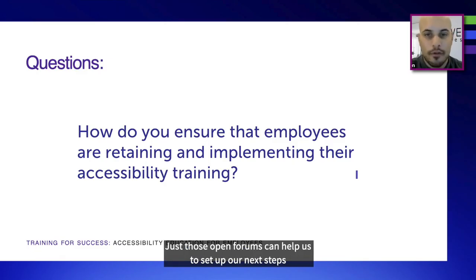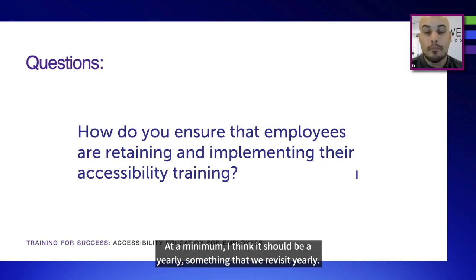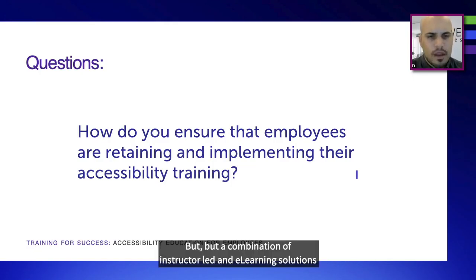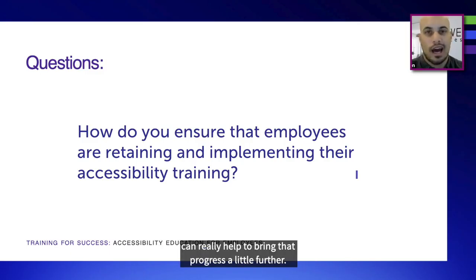Just those open forums can help us to set up our next steps, because training is generally never a one and done thing. At a minimum, I think it should be something that we revisit yearly. But a combination of instructor-led and e-learning solutions can really help to bring that progress a little further.